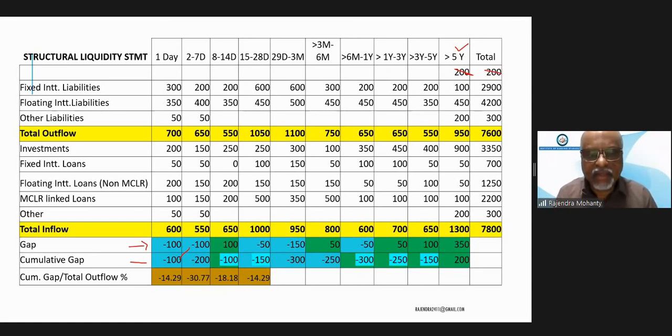Here in 8 to 14 days, the gap becomes positive. The previous cumulative gap was minus 200, here the gap is plus 100, so our cumulative gap becomes minus 100. Like this, it has been plotted. Is there any doubt about this gap and cumulative gap?